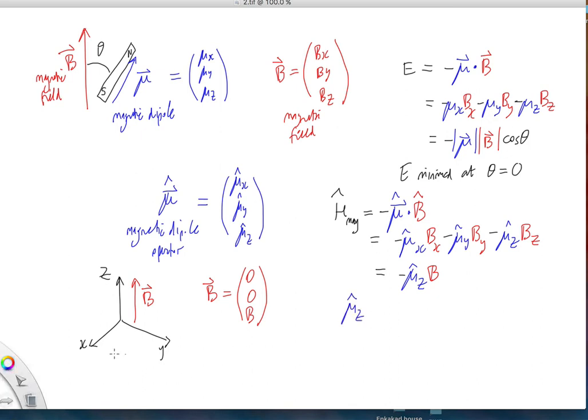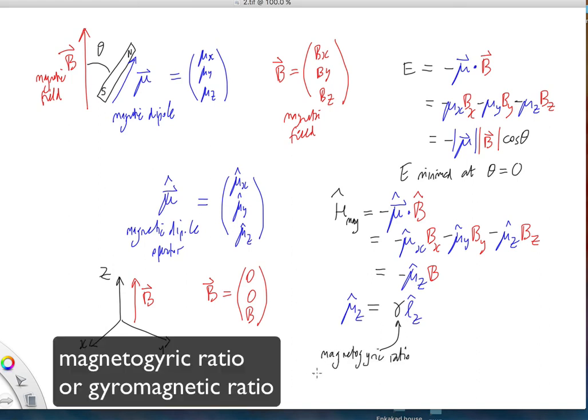So we can write the operator for the magnetic moment as simply being proportional to the operator for the angular momentum. So that's the magnetism and angular momentum link. And the proportionality constant gamma here, this is called the magnetogyric ratio, although sometimes it's called the gyromagnetic ratio. Those two ways of describing it are actually referring to the same thing.